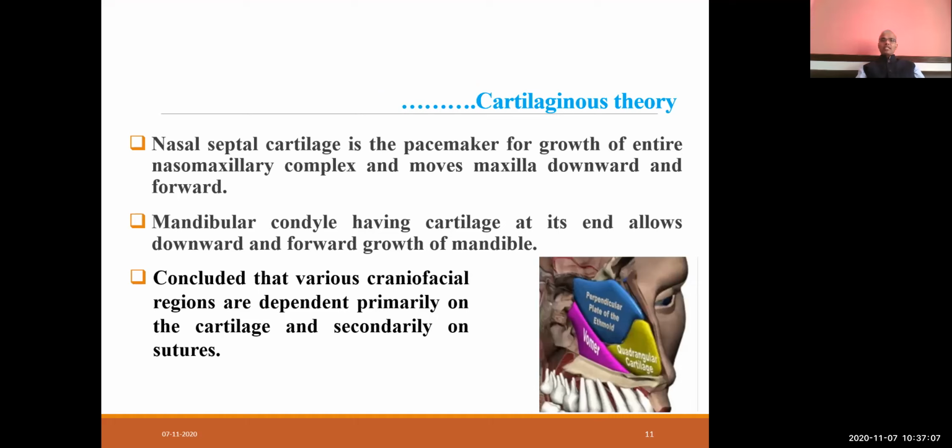So nasal septal cartilage is the pacemaker of growth of the entire nasomaxillary complex and moves the maxilla downward and forward. The mandibular condyle, having cartilage at its end, allows downward and forward growth of the mandible. So in the case of the maxilla, it is the nasomaxillary complex, and in the case of the mandible, the head of the condyle. So he concluded that the various craniofacial regions are dependent primarily on cartilage and secondarily on the sutures.